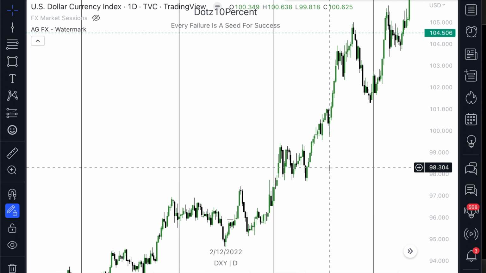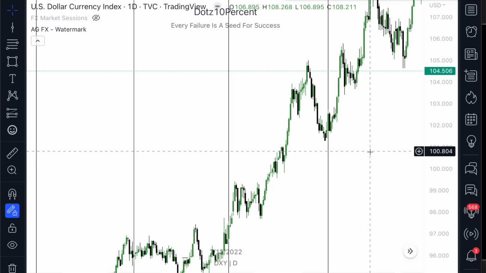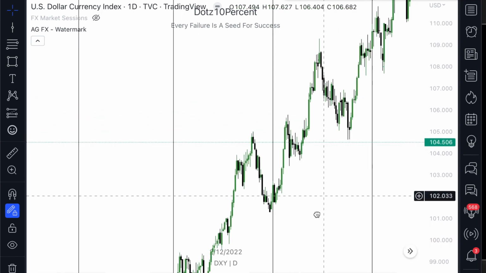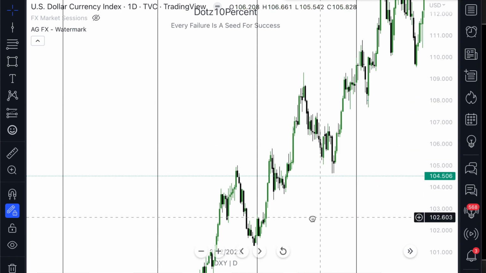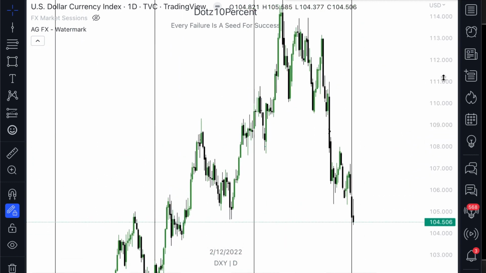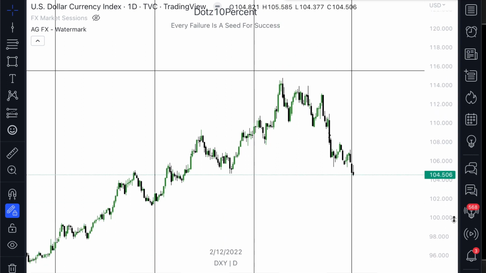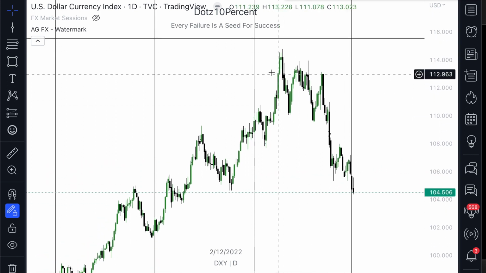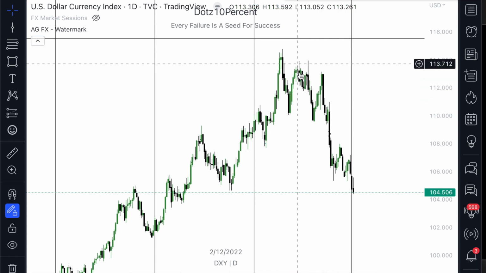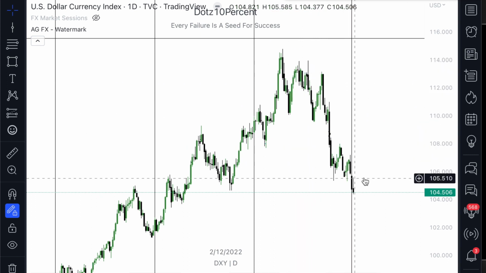The macro direction for the DXY for a while has actually been bullish. As you can see, retracement, move higher. Again, and only this quarter we've had somewhat of a switch. This time I would consider the retracement has actually been to the buy side, and now we've delivered lower.